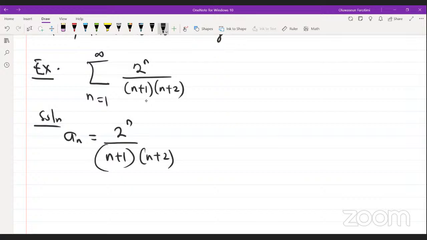Now, while working on the ratio test, you have to ensure that your algebra is good, okay? This is n plus 1. You have to avoid errors doing the little algebra thing. Whenever you have n, plug in n plus 1.